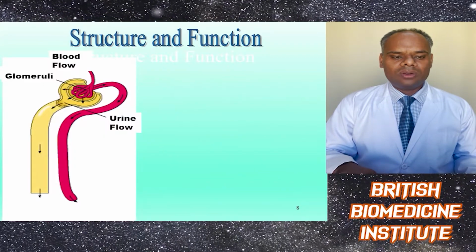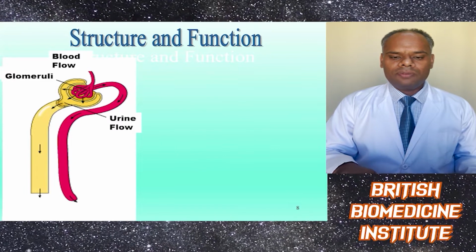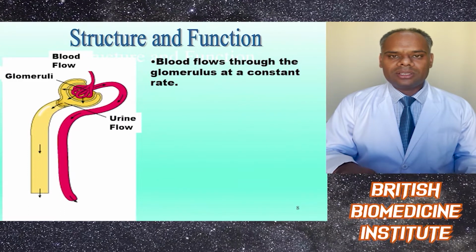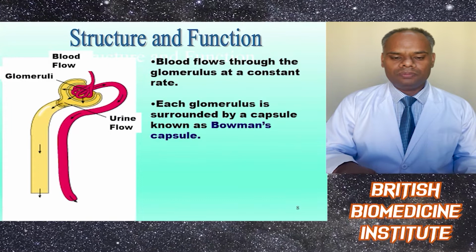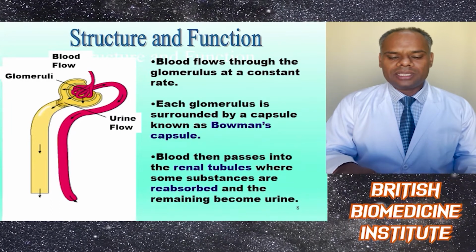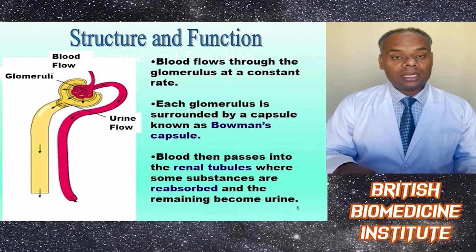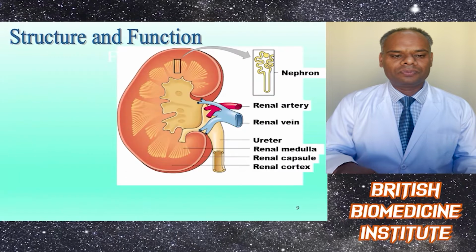This is the structure of the glomerulus. Blood flows through the glomerulus at a constant rate. Each glomerulus is surrounded by a capsule known as the Bowman capsule. The blood then passes into the renal tubules where some substances are reabsorbed and the remainder becomes urine.